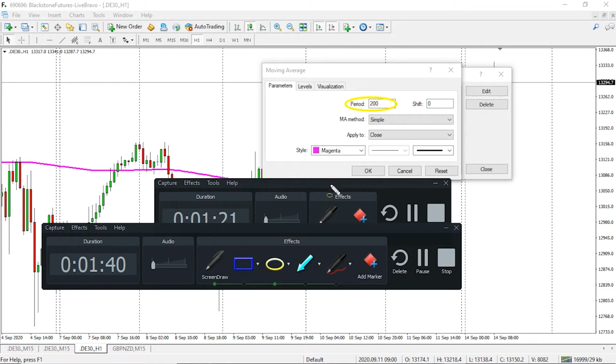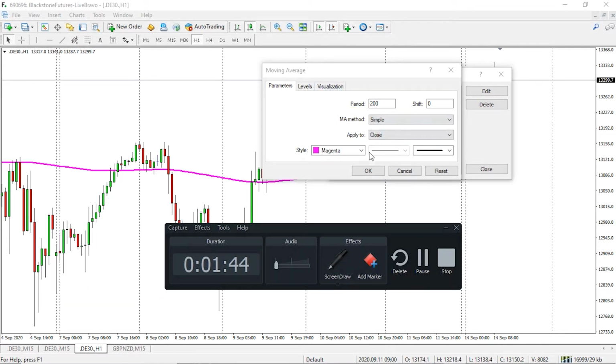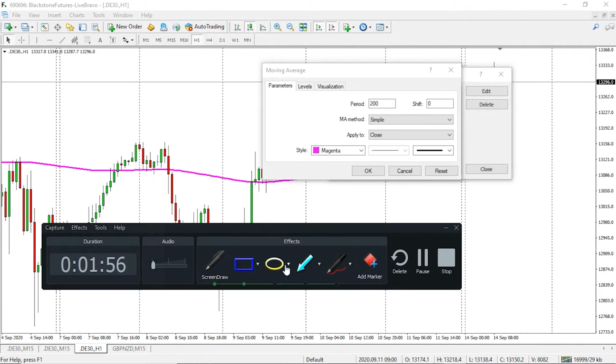When I say smooth, you'll see a moving average that is relatively flat, and that's pretty standard. The longer the parameters that we are using, the smoother that moving average is going to be. It's pretty self-explanatory, and again, we are using a simple moving average.